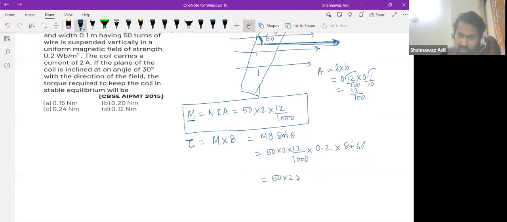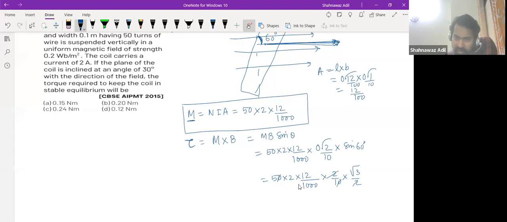50 into 12 divided by 1000, and it is by 10 again. Sine 60 is root 3 by 2. This 2 will cancel, this 0 will cancel.